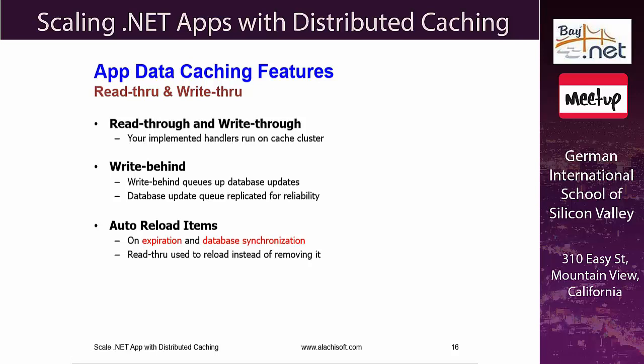For example, if you had to issue a multi-table join and get a collection of objects back and cache some of them and not the other ones, then that's not a read-through method. Read-through method is good when your database call results in whatever you get back, you want to cache it as one item. So if you're not interested in caching it as one item, then call the database directly, and then cache whichever ones you want.